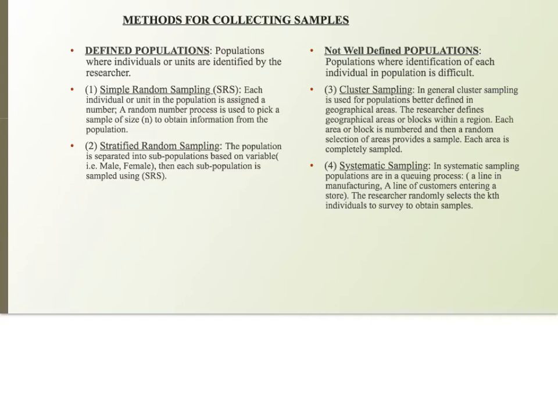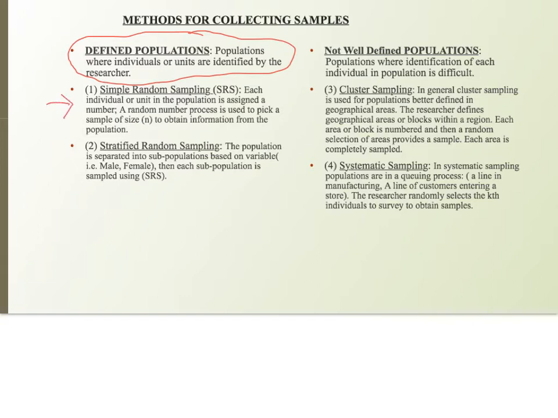He can collect information from a defined population where he knows all of the individuals in the population and he can identify them. In those cases, he then typically assigns a number to each individual in the population. From that, he can then collect what we consider a simple random sampling.